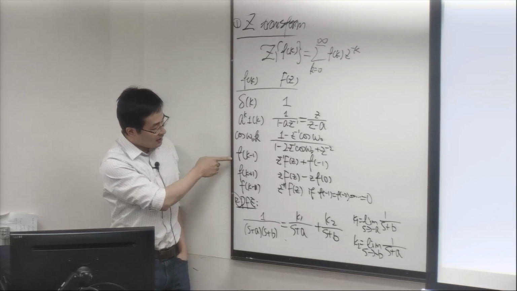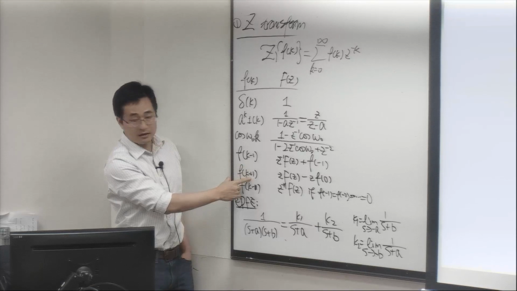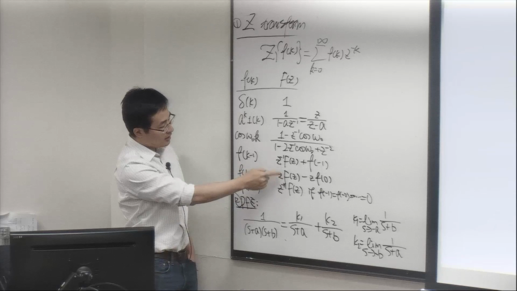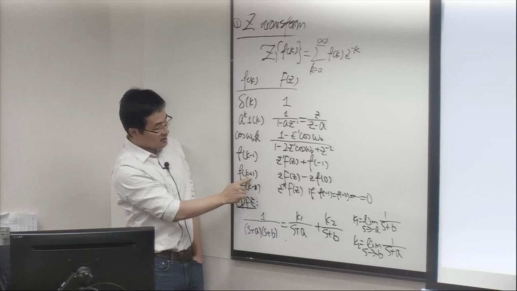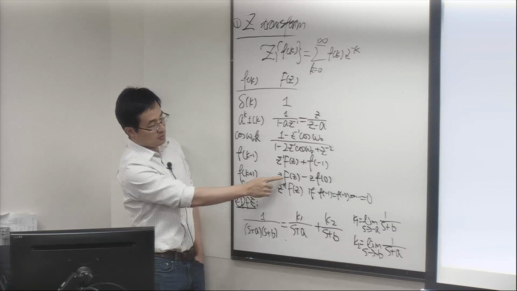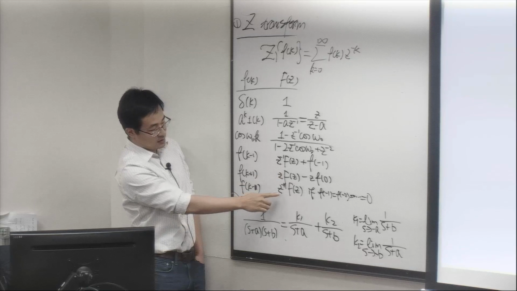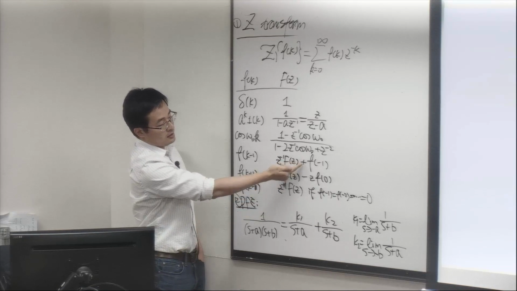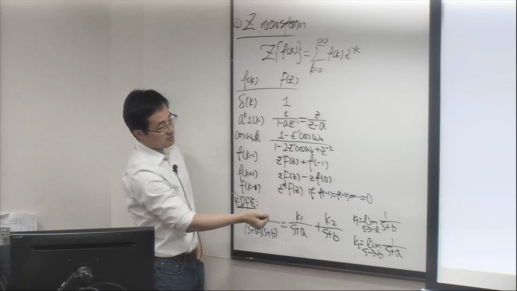Some properties that are very handy: if you delay or advance a sequence in time, then the Z transform is very easy. If you delay by 1, it's z to the power of negative 1. If you advance by 1, it's z to the power of plus 1. If it's delayed by n steps, it's z to the power of negative n. And the difference is just a few additions, a consideration of the initial condition.